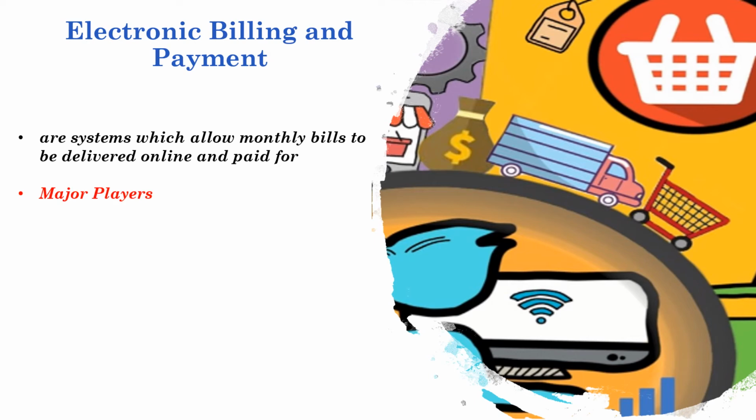So the major players of electronic billing and payment include the biller direct systems, which were originally created by large utilities to facilitate routine payment of utility bills, but which are increasingly used by other billers.